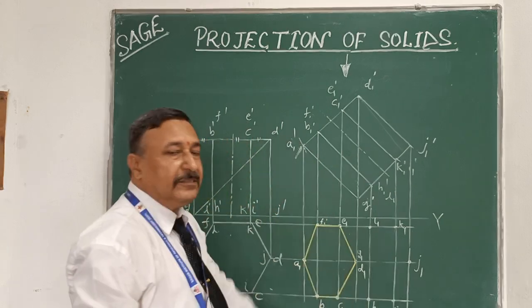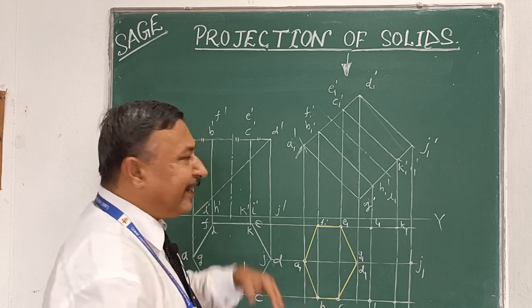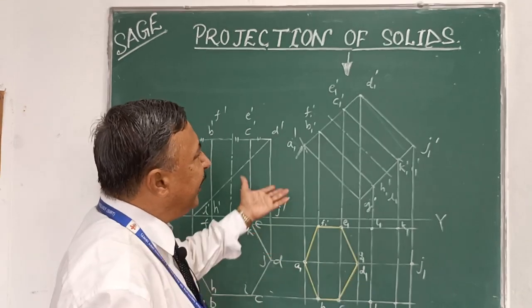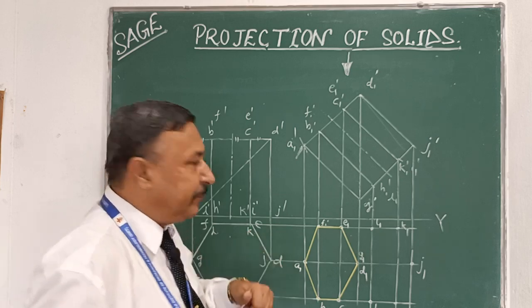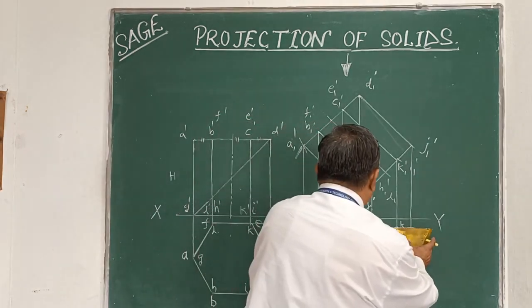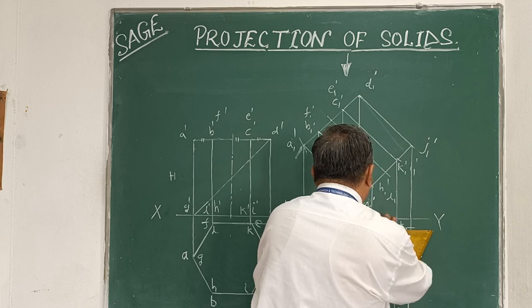This base is visible. Now our second step is to first complete the outer line or border line which is always visible. So we complete the border line or outer line of this prism.